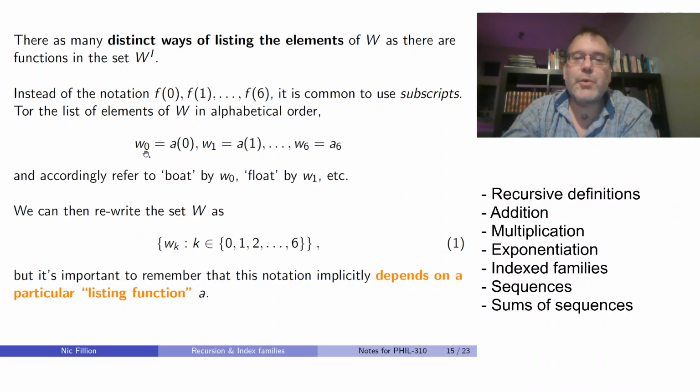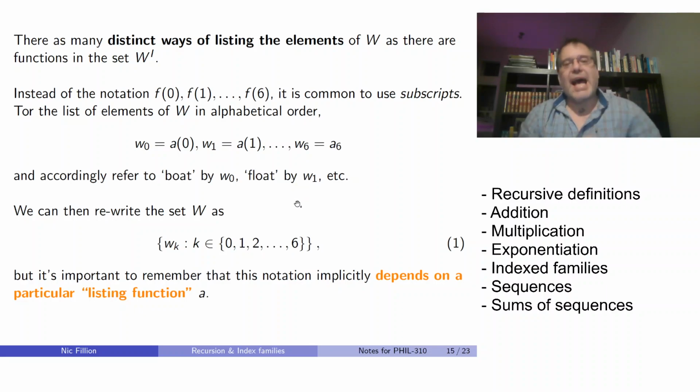So the 0th element of W is the value a of 0. The first element of W is a of 1, etc. So here that shouldn't be a 6, it should be a parenthesis 6, sorry. So now the word boat can be referred to as w0. The word float can be referred to as w1, etc.